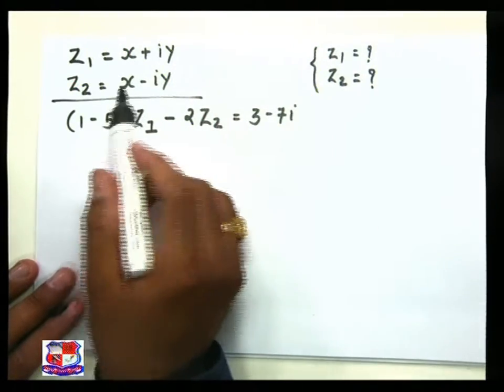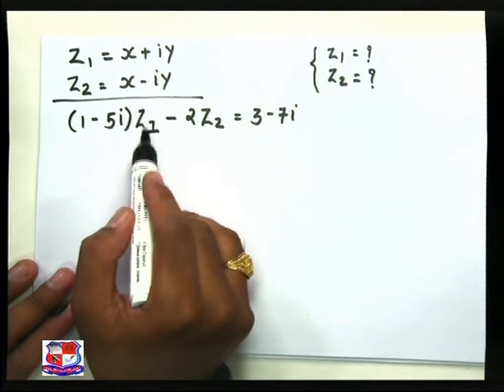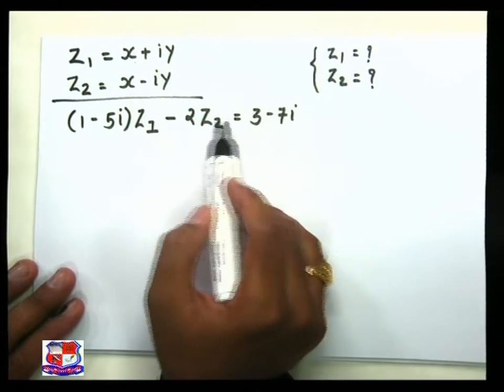So our first step is to replace z1 is equal to x plus iy and z2 is equal to x minus iy in our main equation.